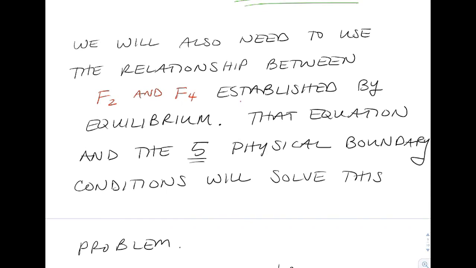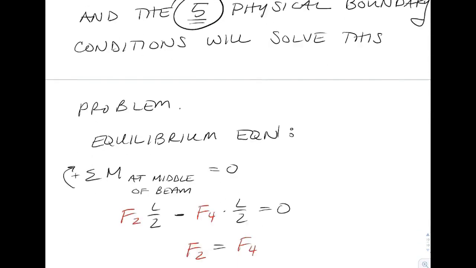And so we're also going to need to use a relationship eventually. This gets to be a more complex problem, but there's a relationship between F2 and F4, and that relationship is going to be established by equilibrium. And so we're going to end up needing 5 boundary conditions to solve this problem.